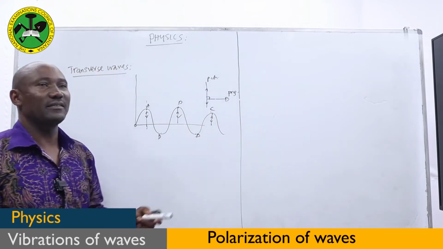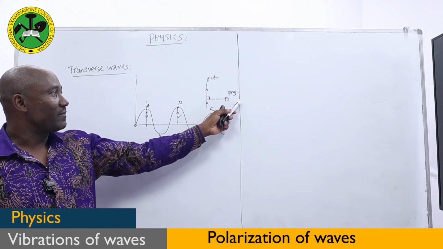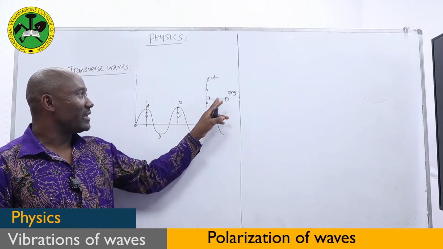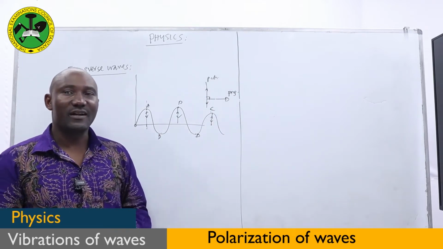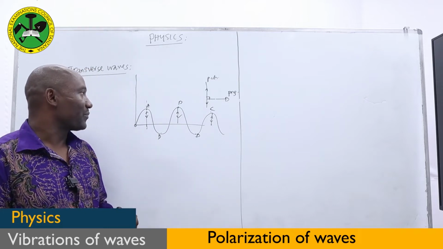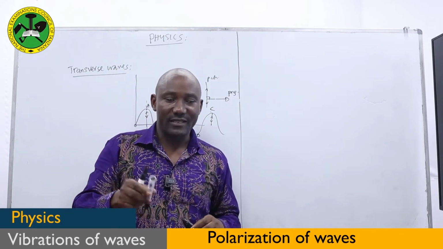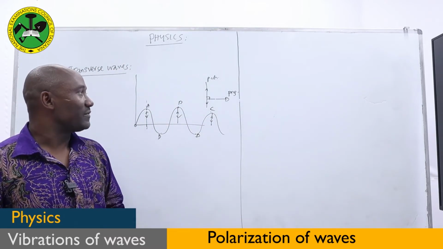You can see that the wave and the particles are always at right angles. So any kind of wave which propagates like that is given the name transverse. The vibration of the particles is perpendicular, making right angles to the propagation of the wave.